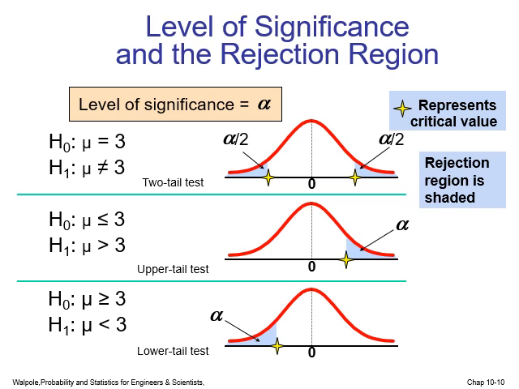This method is called the two-tail test, where we put half of the level of significance in the top and the bottom.